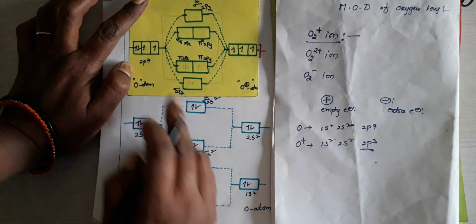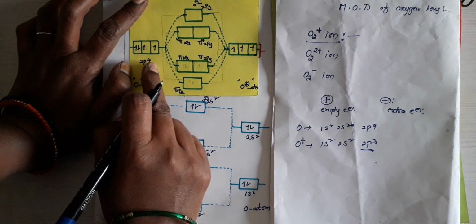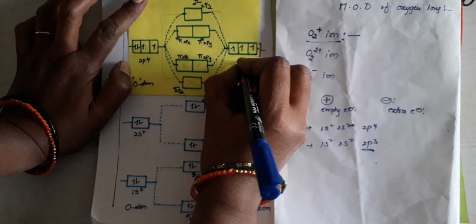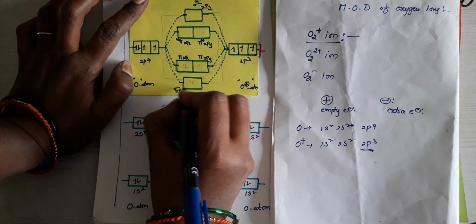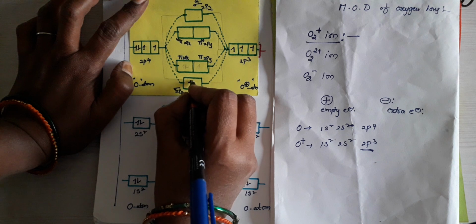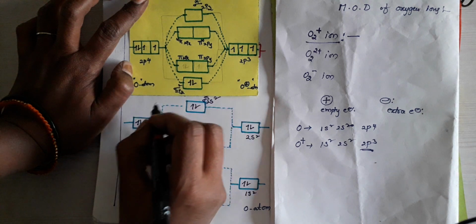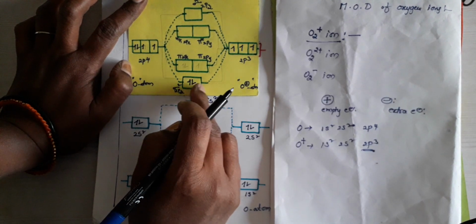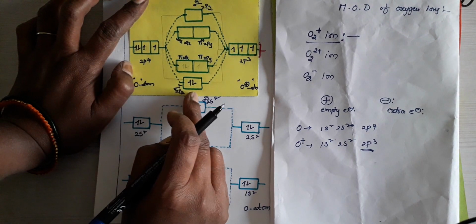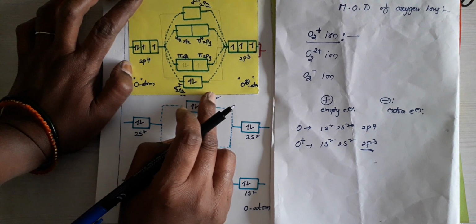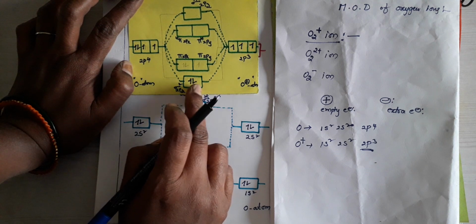So here we have to fill. Here how many electrons? 4. Here how many? 3. Total 7. First sigma 2pz is filled with 2 electrons. Total is 7, from this 2 are completed. Remaining how many?